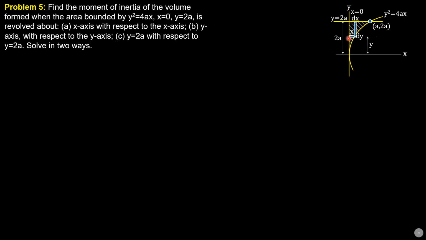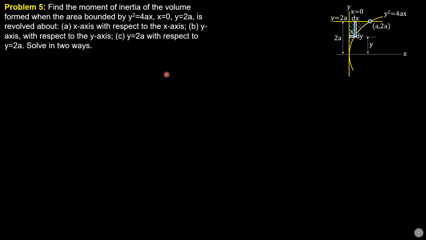Because I present the solution in two ways, we have the horizontal strip and the vertical strip. For the horizontal strip, the length is just x and the thickness dy. For the vertical strip, because this is 2a and the distance of the lower end is y, the height of the vertical strip is 2a minus y, and the thickness is dx.